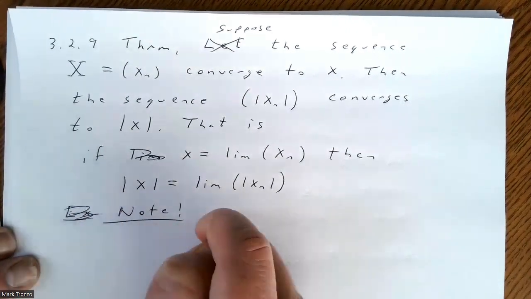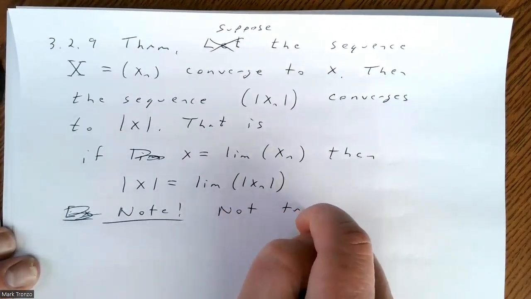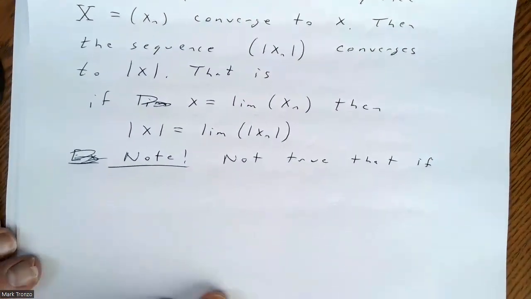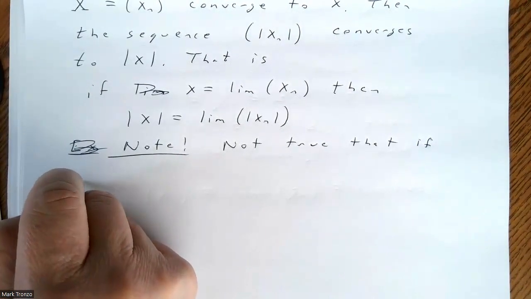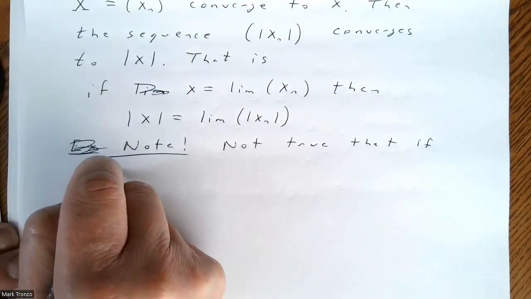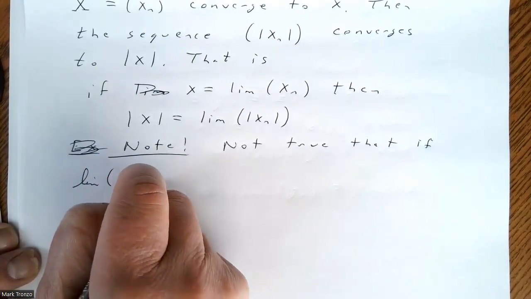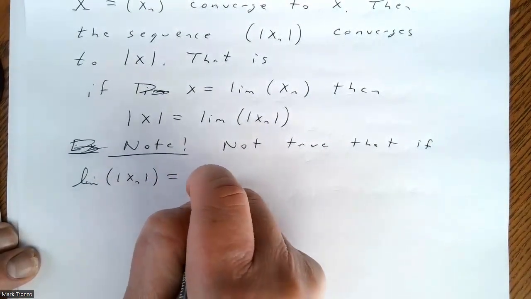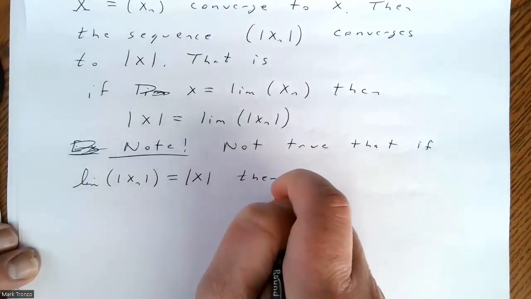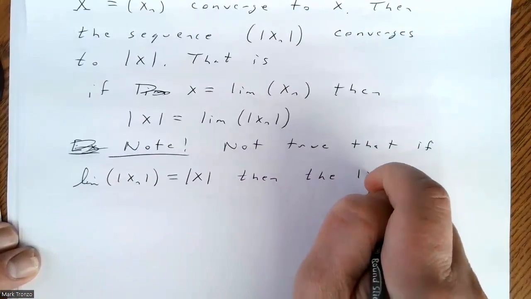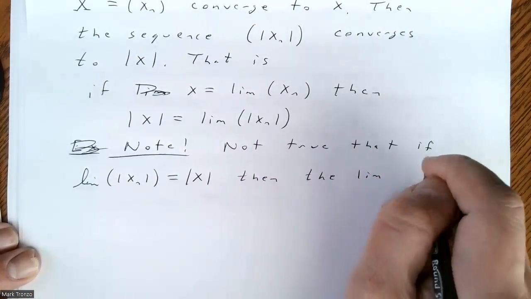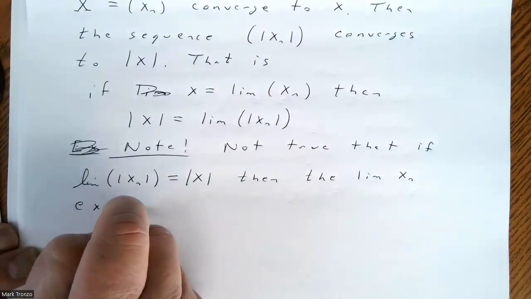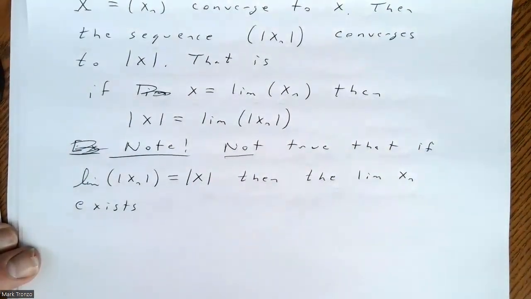Obviously, the other way is not true. Note that if the limit of the absolute value of Xn equals X, then the limit of Xn does not necessarily exist. So it's not true the other way around.